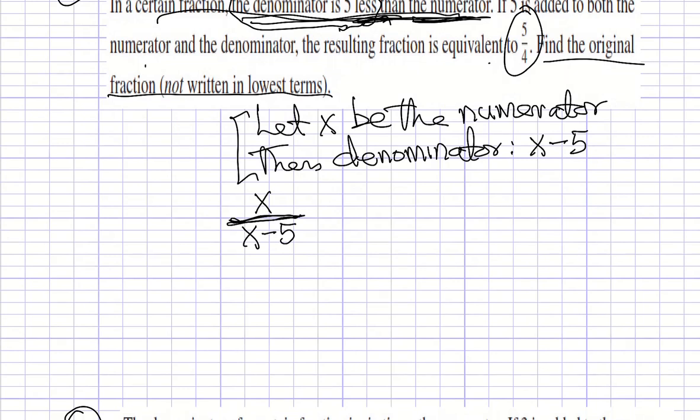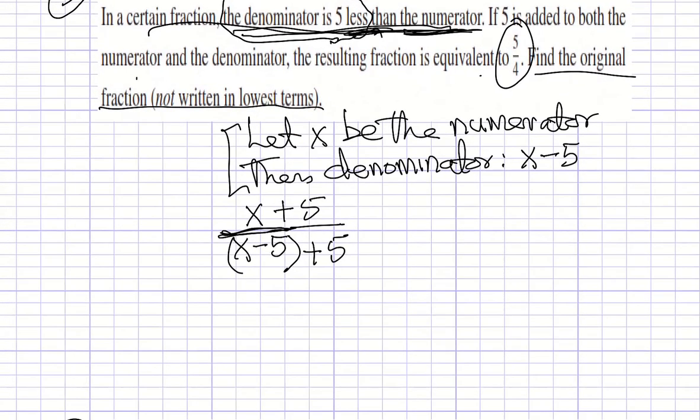So now they want to add 5 here and add 5 here. That's why I say you gotta read carefully. And after they do that, they say it equals 5 over 4. Find the fraction, not written in lowest term.